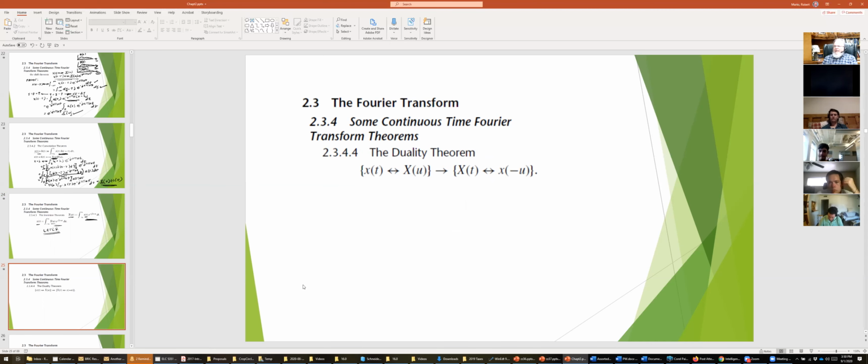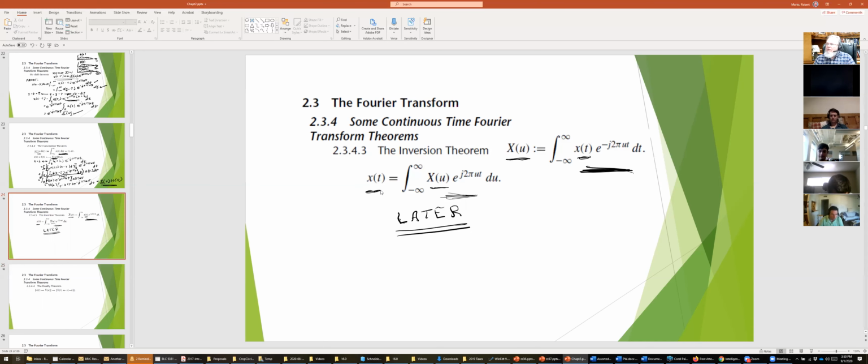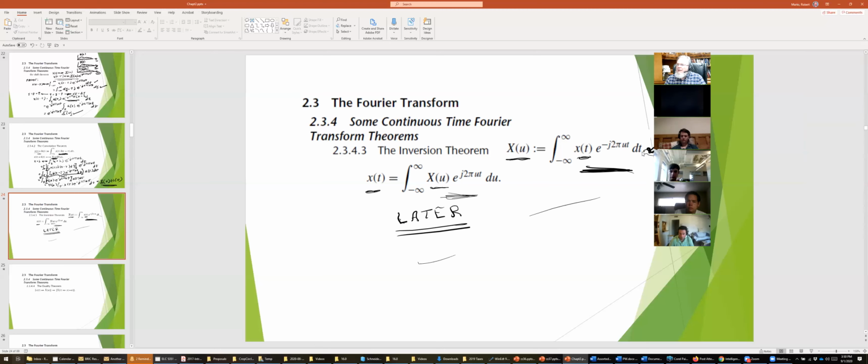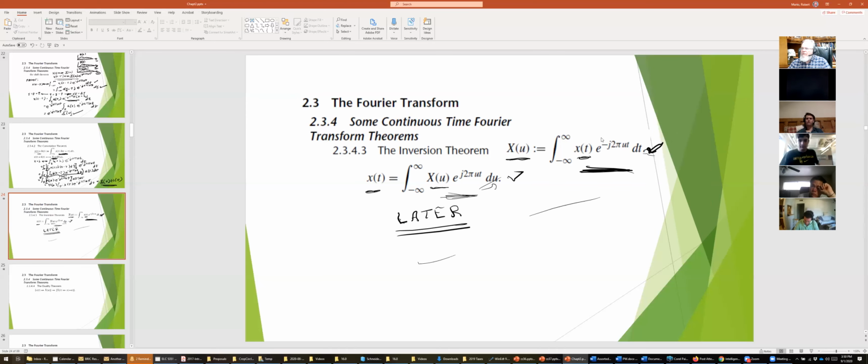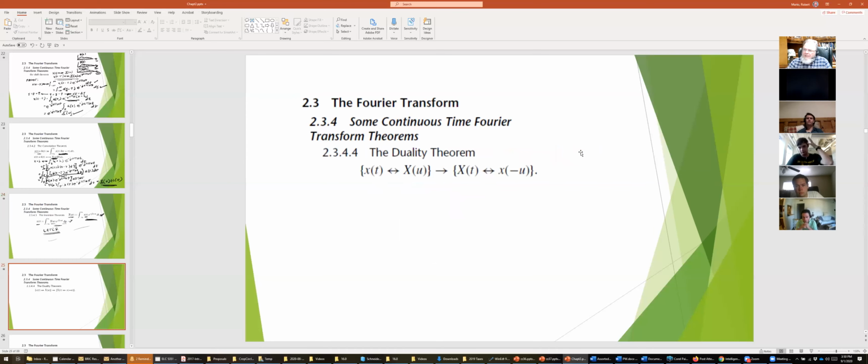Now we have the duality theorem. The duality theorem takes advantage of the fact, if we go back here, that the Fourier transform up here looks a lot like the Fourier transform down here. The forward Fourier transform and the inverse Fourier transform look very, very similar. So therefore, you can have a duality here, and that's what the duality theorem says.